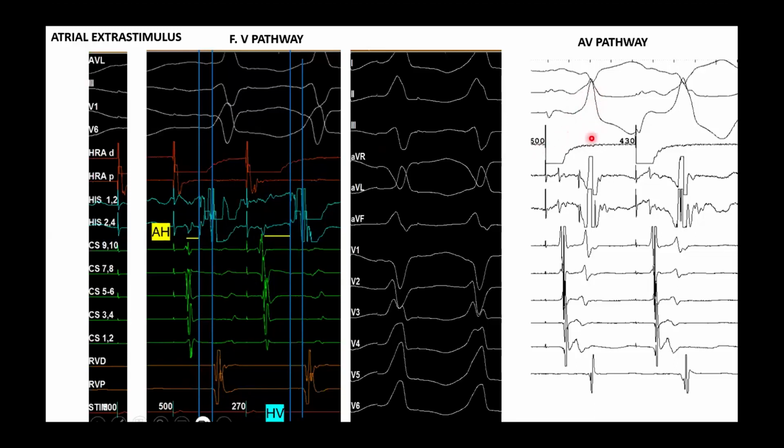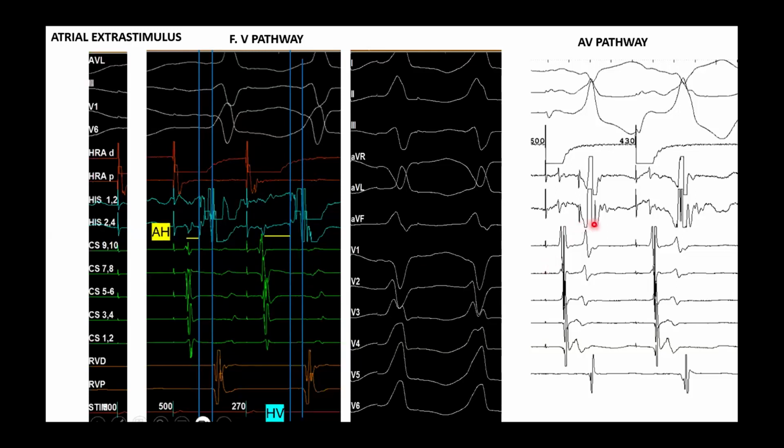You can see this much pre-excitation only, and with 430 milliseconds, you can see the increased pre-excitation. When compared, the AH interval is increasing, and you can see the HV interval is constant at 500 milliseconds also, and with the 270 extra stimulus also. So HV remaining the same is significant for the fasciculoventricular pathway.